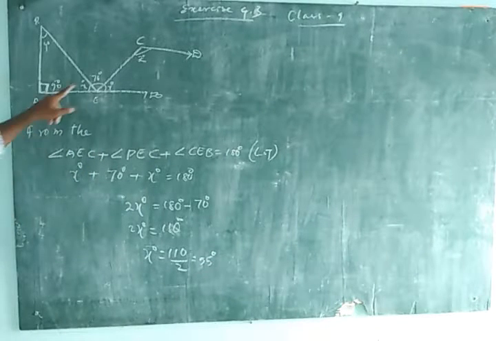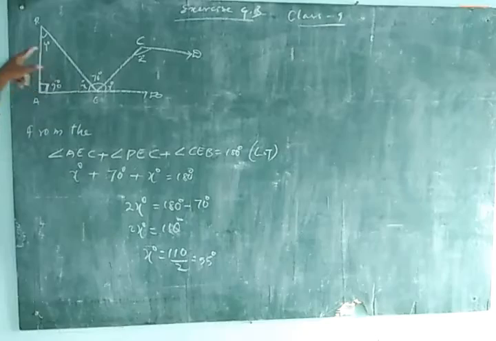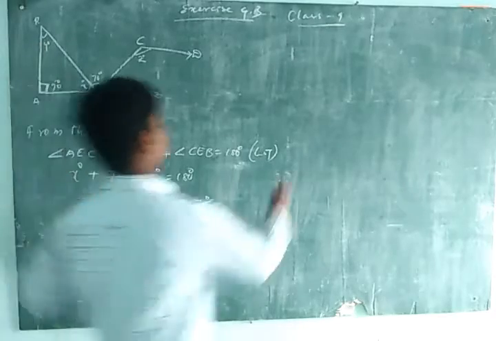When you get x value 55 degrees, now x plus y plus 90, some property of triangle.